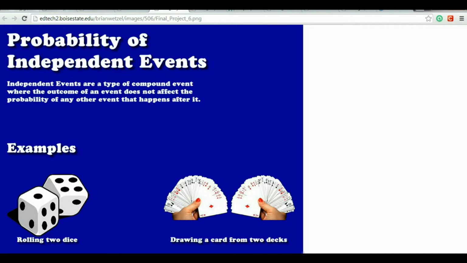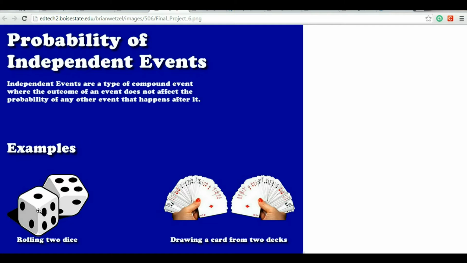Okay, independent events. Independent events are a type of compound event where the outcome of an event does not affect the probability of any other event. So if I roll a dice, whatever I get on the first dice, if I was to then roll another dice, what I got on the first dice does not affect what's going to happen on the second dice.